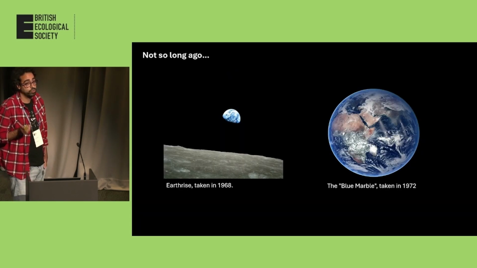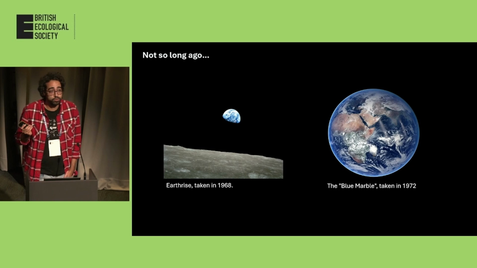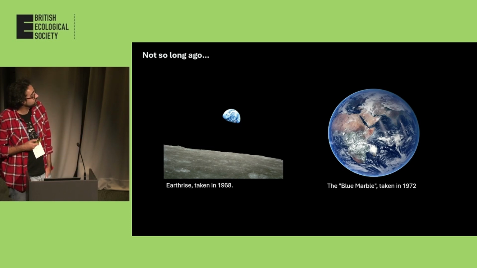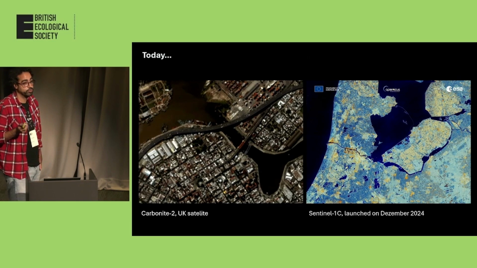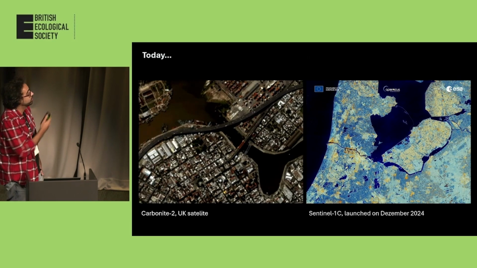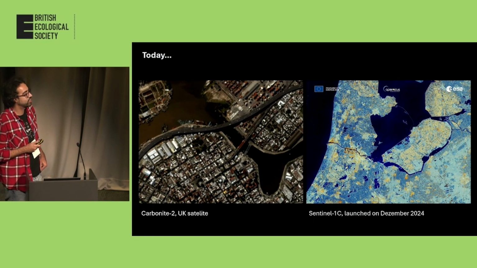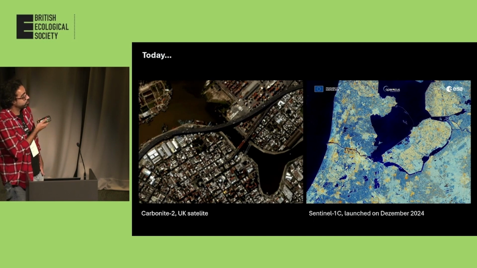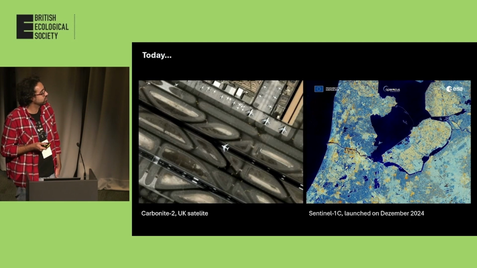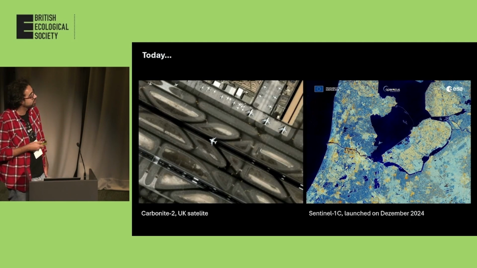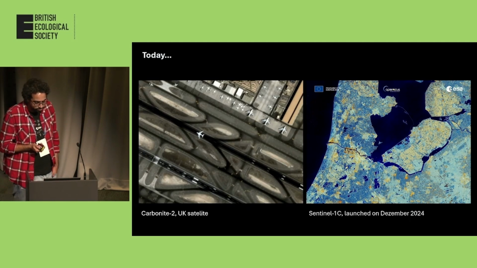We started looking at Earth from space not too long ago, 60 or 70 years, but since then things have changed a lot. We jumped from small radiometric measures to video satellites, and last week we launched Sentinel-1D. It's a radar satellite that gives us a lot of information.